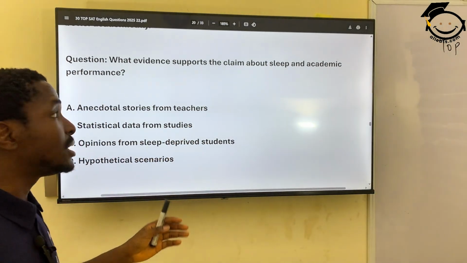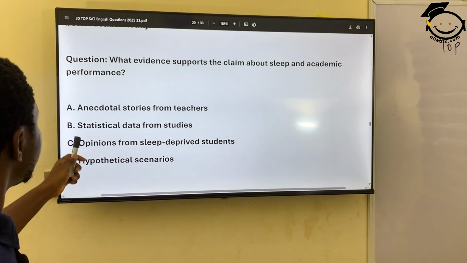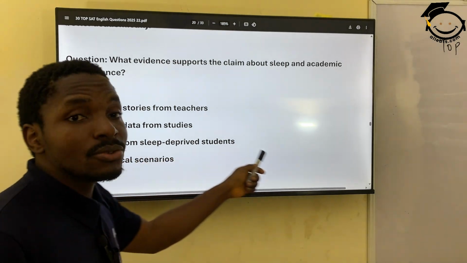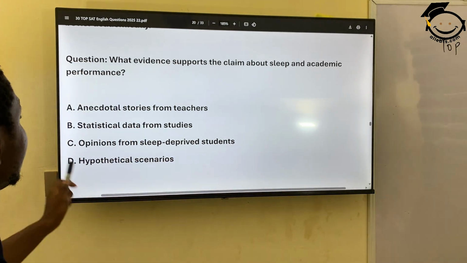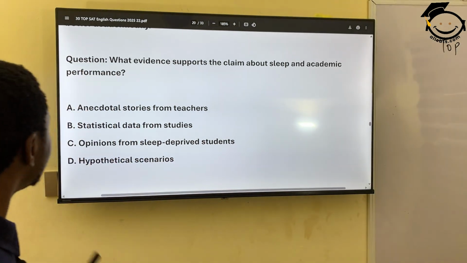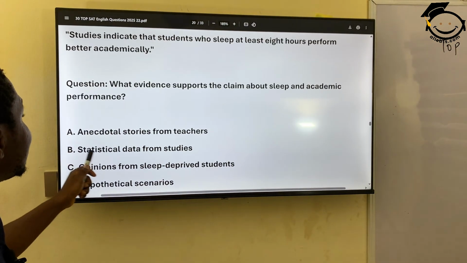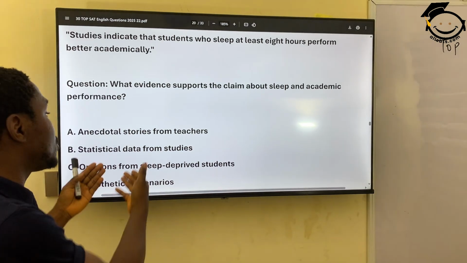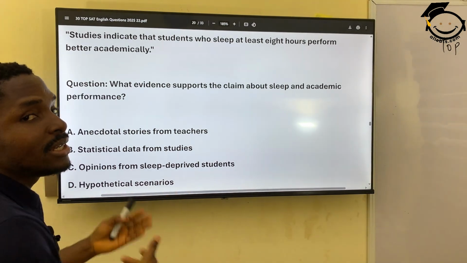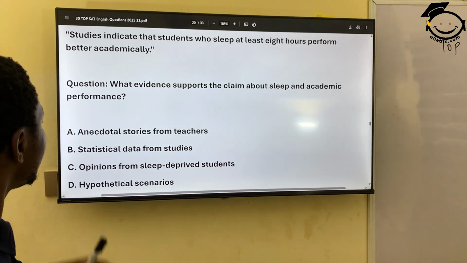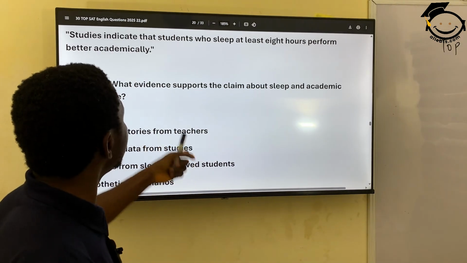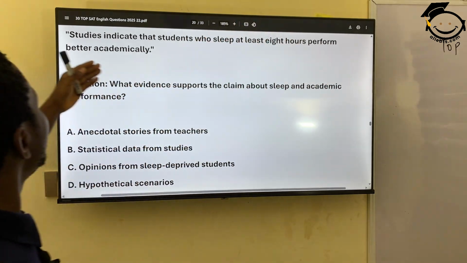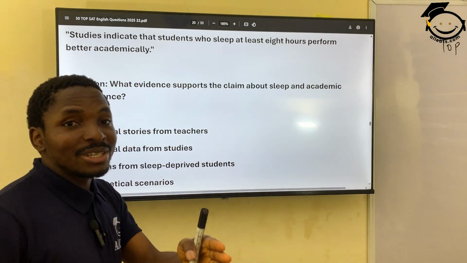Is it stories that support the claim? Statistical data from studies. Opinion from sleep-deprived students. Or hypothetical scenarios? Definitely not. The correct answer here will be what? Statistical data. Studies, you see, it says studies. So by studies, it means data. All right, data. Yes, statistical data from studies indicate that students who sleep at least 8 hours perform better academically. So you need to sleep more.